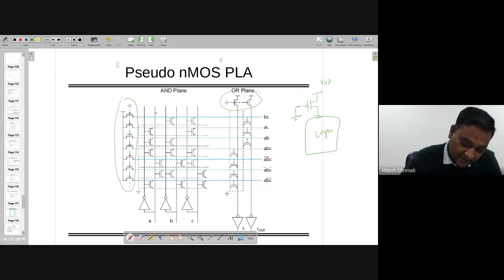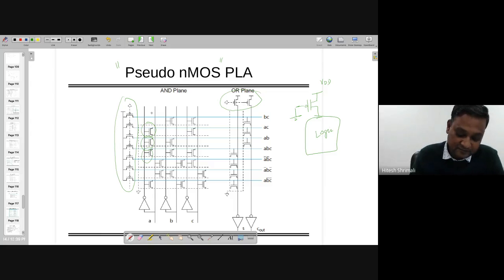And in the AND plane, wherever you see a dot, you add one transistor, and it has to be in series so that it will make the AND operation, right? And because of this NOT, it will become AND, right? Because these are in series, it will make NAND.